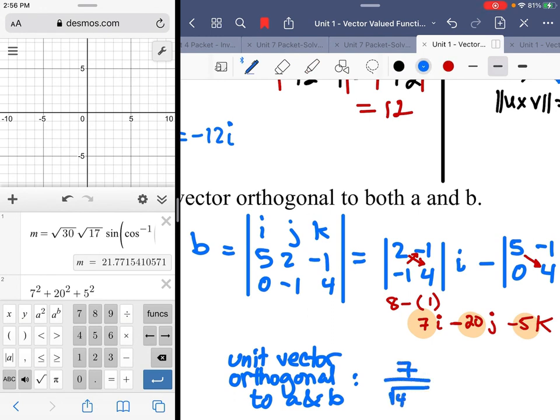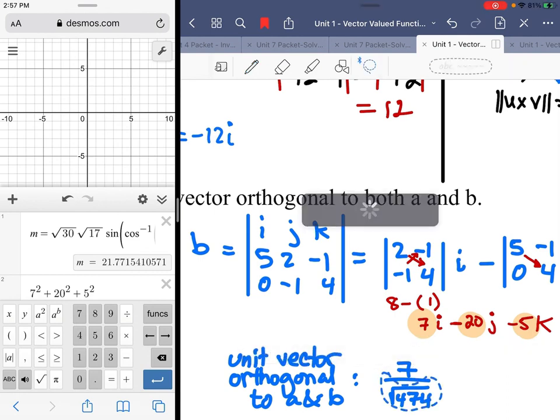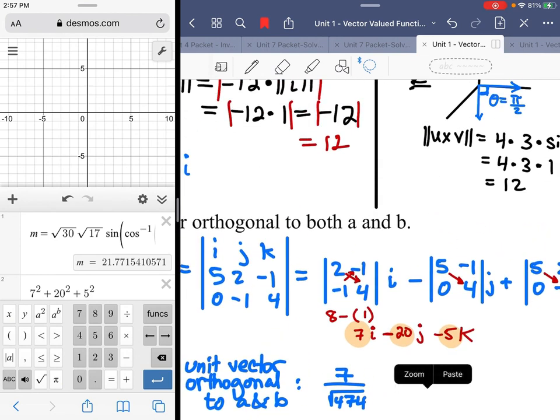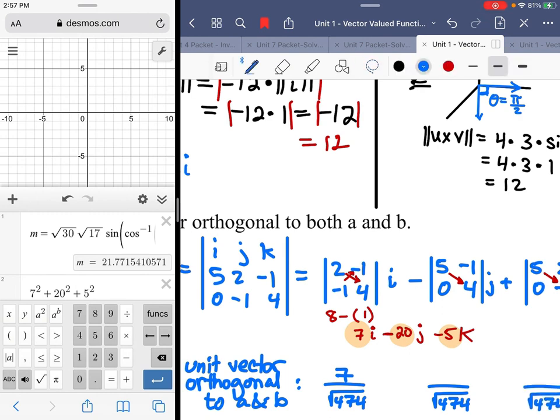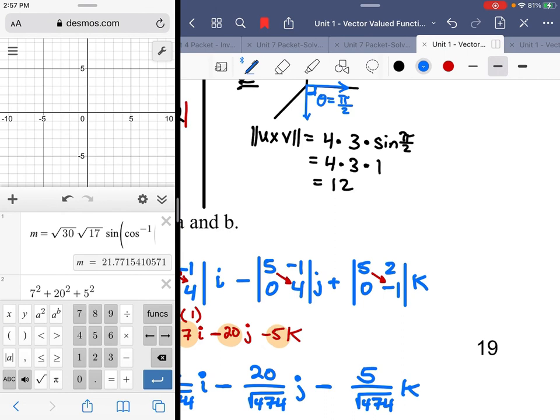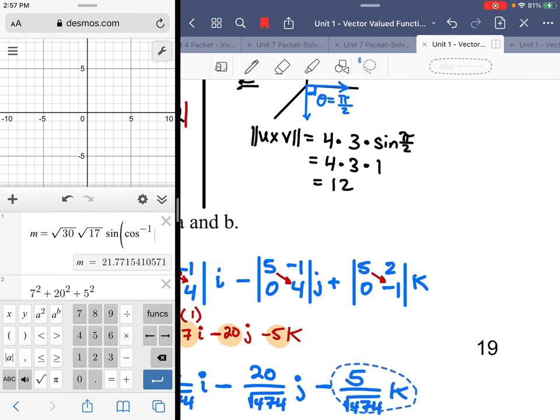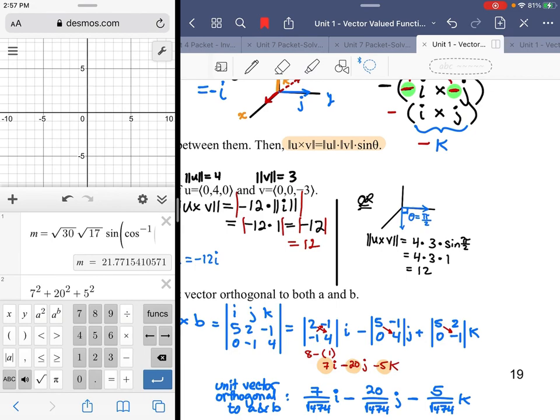So 7 over root 474, I, minus 20 over that radical, J, minus 5 over that radical times K. And so that would be the unit vector in the direction of the cross product.